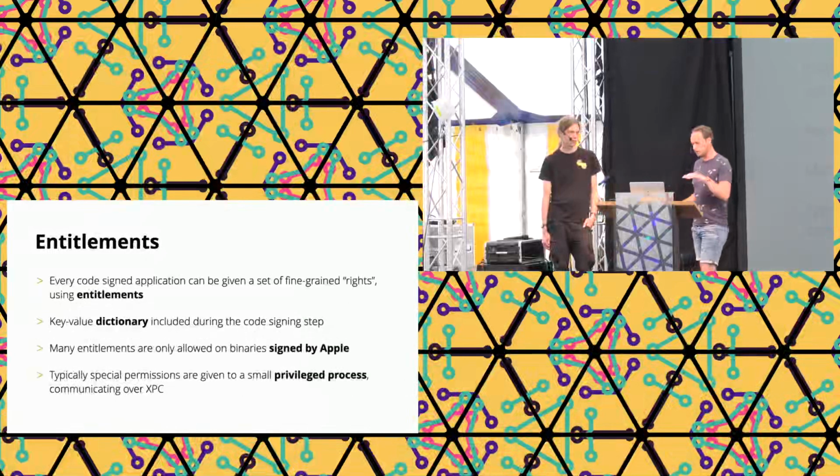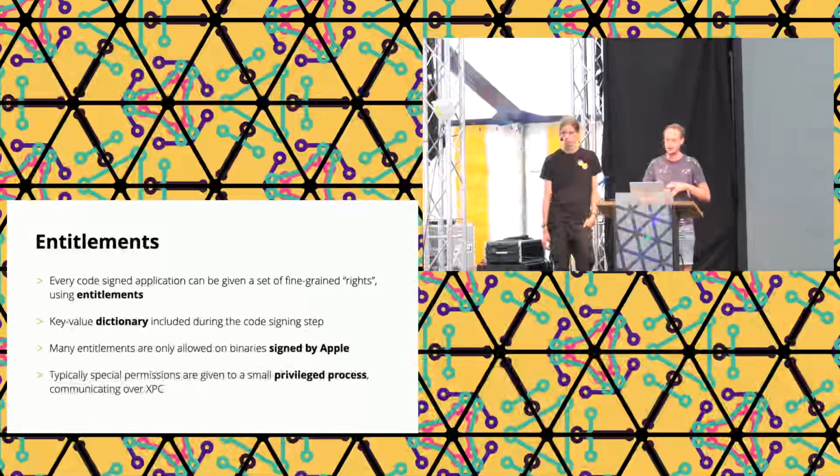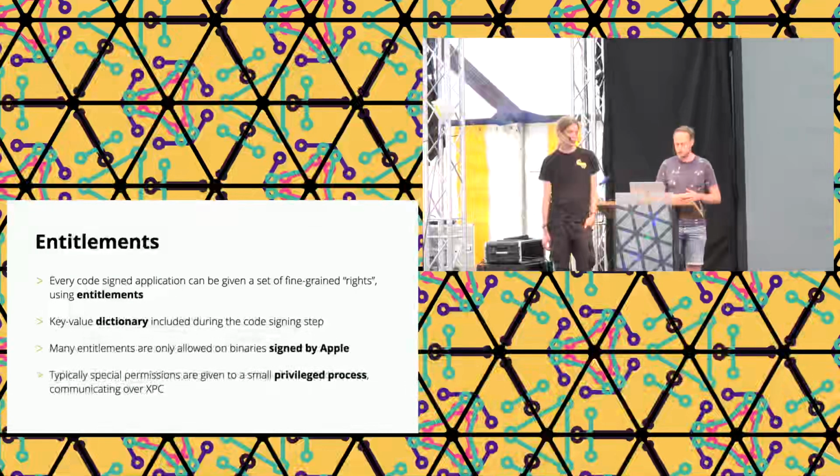So apart from code signing, some apps also have entitlements, and entitlements are very fine-grained security rights that an application can have. It's a key value dictionary, and it's included in the code signing step. And many of the entitlements are only allowed on binaries that are signed by Apple.